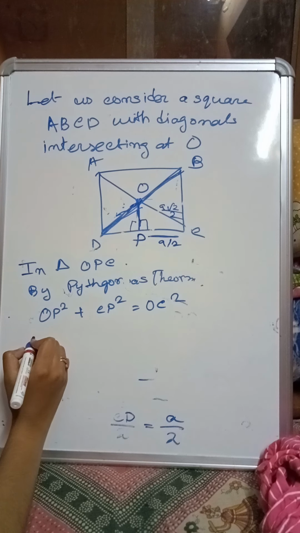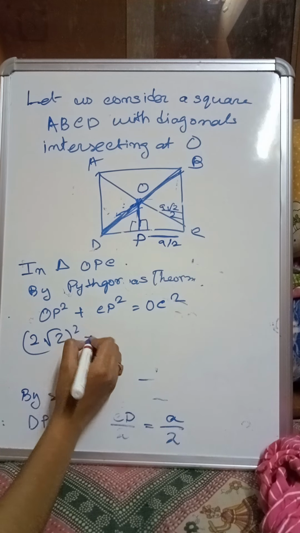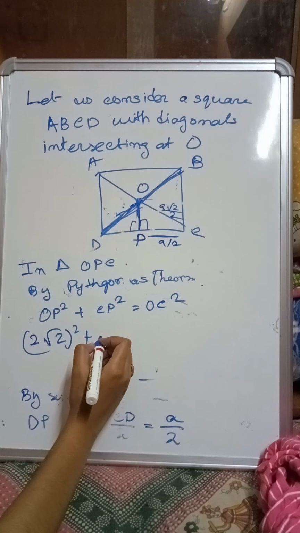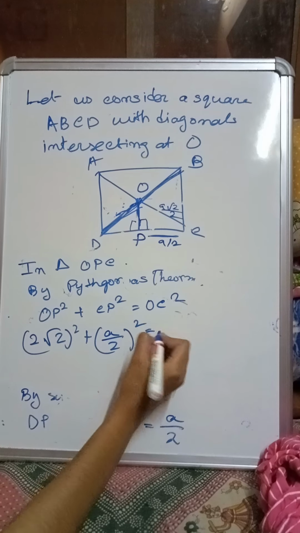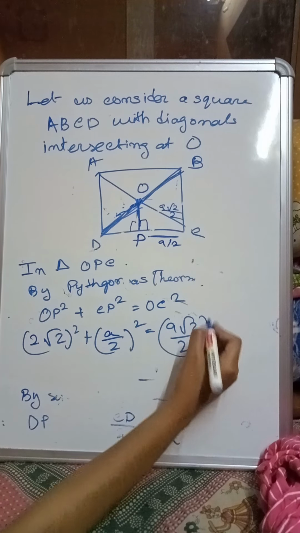Okay. What is OP? OP is 2 root 2 and it is given in the sum. What is CP? CP is a by 2, a by 2 whole square. And what is OC? OC is a root 2 by 2 whole square.